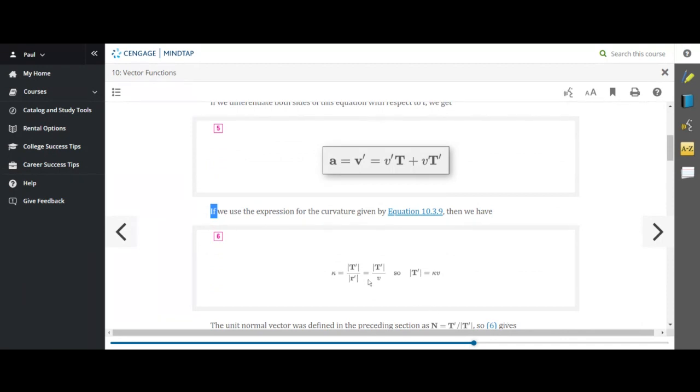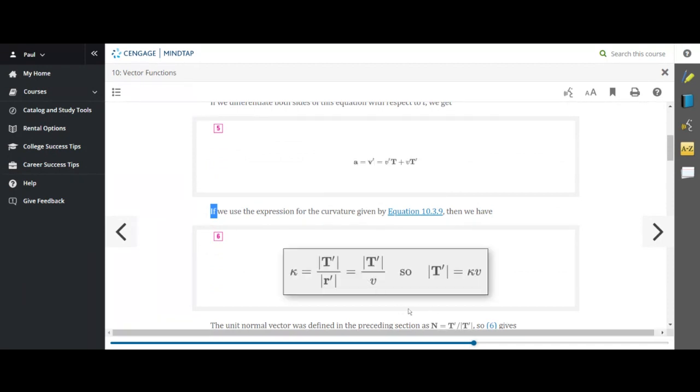Now, what are we going to do next? Well, let's take a look at curvature. We talked about curvature in our last class last week. Curvature is defined as the length of the derivative of the unit tangent vector divided by the length of the derivative of the position vector.